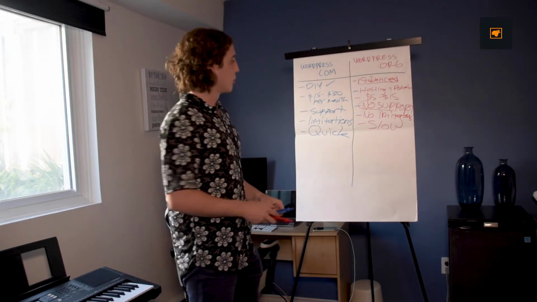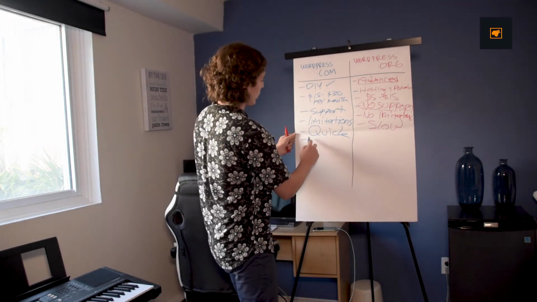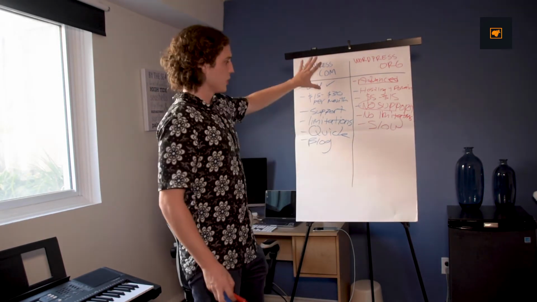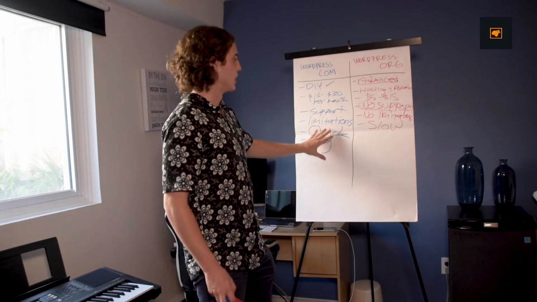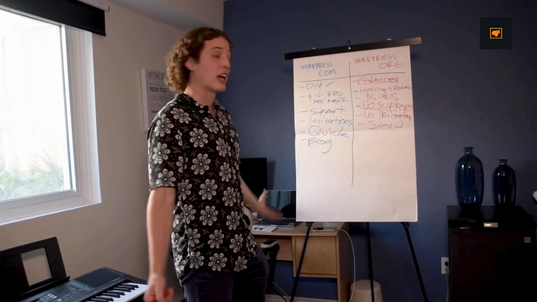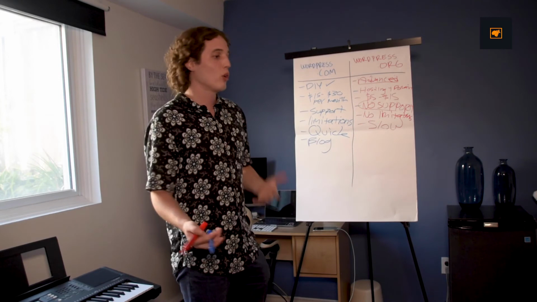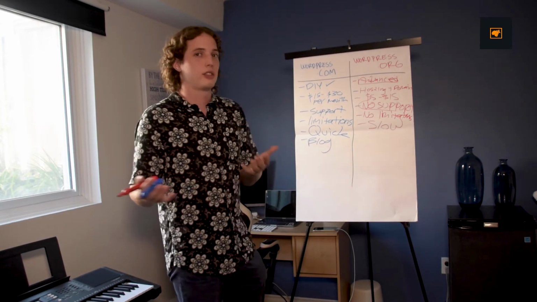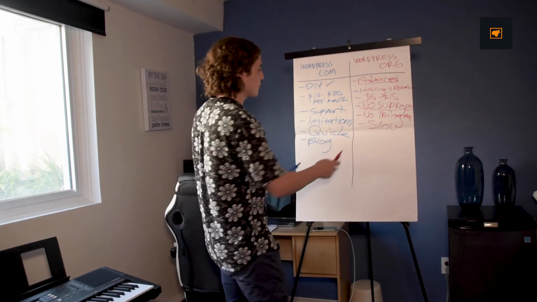The last point I'll make here is on the .com side, this is heavily used for blogs. The reason for this is because it's super simple. It's an easy setup, it's fairly cheap, and the platform, it's really designed for blogs. I mean, if you're gonna create a blog, do it on WordPress.com.